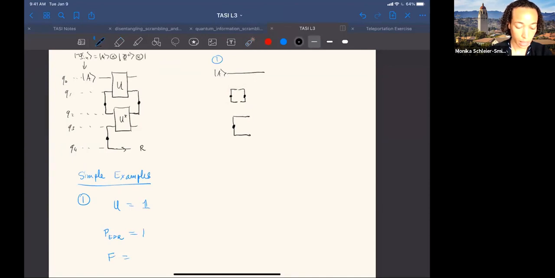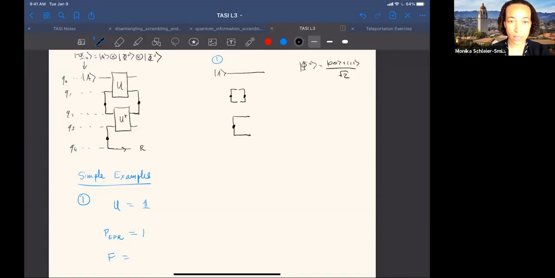There's also another common name for this EPR state. I'm just dealing with qubits, so it's 0, 0 plus 1, 1 over root 2. Okay, so that was our input state.